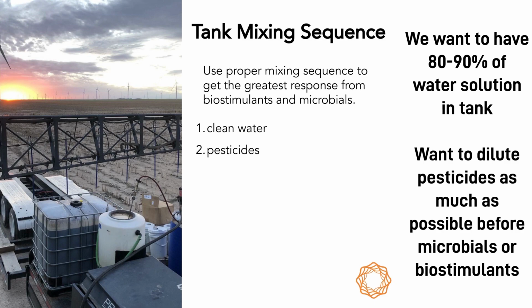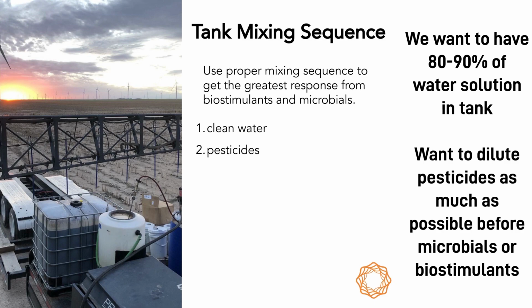And of course, they do dilute out fairly quickly, but in the short amount of time that they are concentrated, even if it only lasts for a few seconds, they can have a very detrimental impact on the microbial population that is in the tank. So it's much better to add them first and dilute them with as much water as possible.